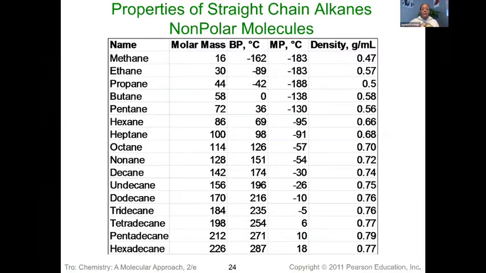As I go down this chart, I'm adding more carbons and more hydrogens, so these molecules are getting bigger and bigger. If you pay attention to the columns, the molar masses are increasing, and so are our boiling points, our melting points, and the densities of these molecules. Again, more electrons means stronger intermolecular forces, and the higher the boiling point and melting point will be.